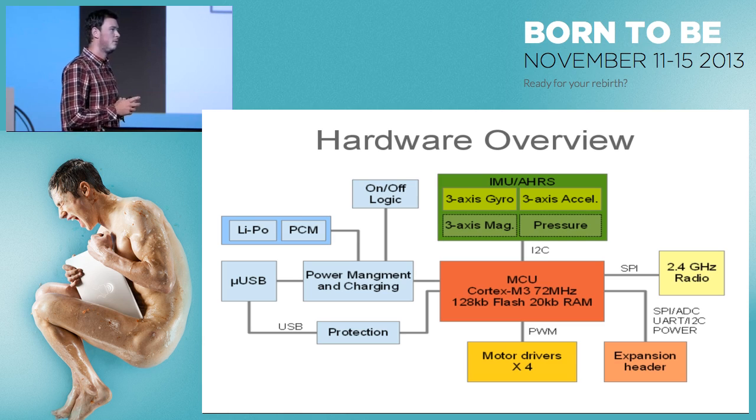We use about 40% of the CPU power, so there's a lot left over for other stuff. And there's this measurement module where you can put accelerometer and gyroscope and pressure sensors and magnetometers, and you can also extend it with an expansion port to connect more sensors or other fun stuff.